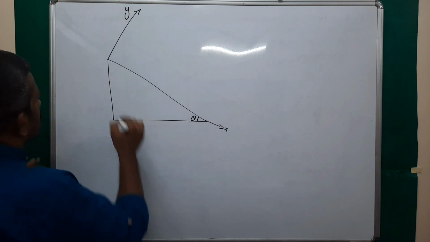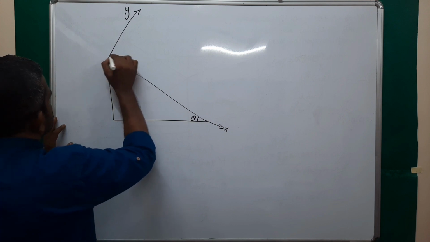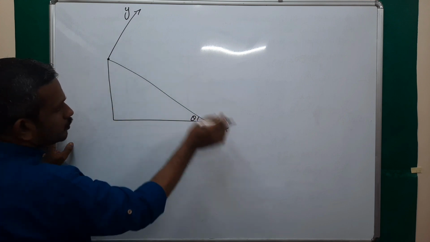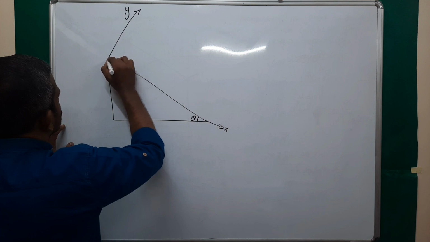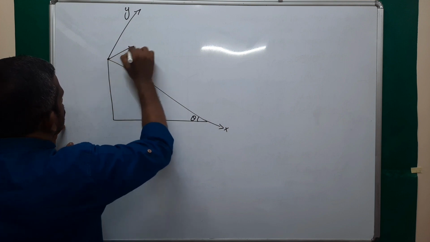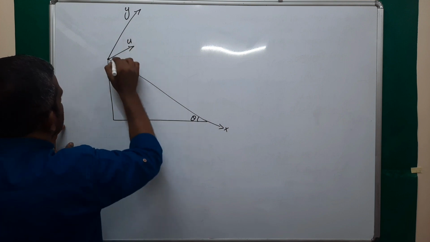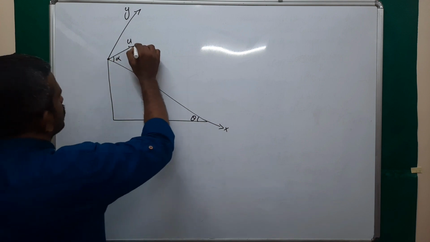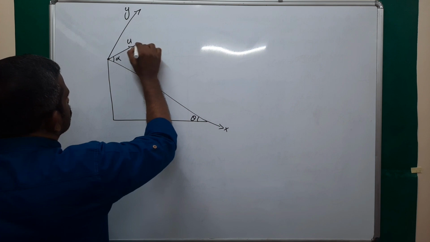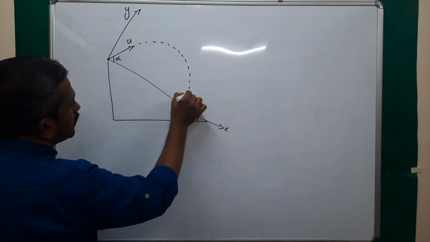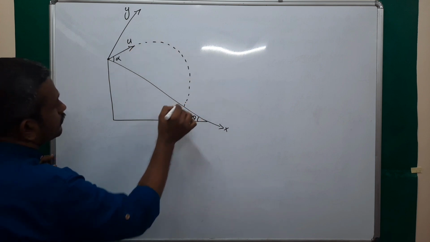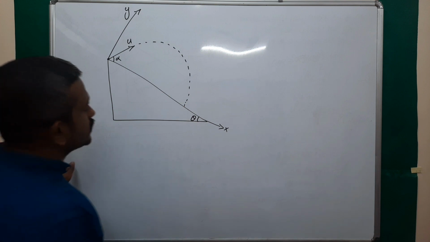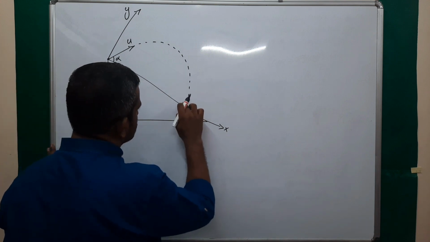The projectile is projected from here, from top to bottom, with initial velocity u at an angle alpha. The trajectory of the projectile is like this.